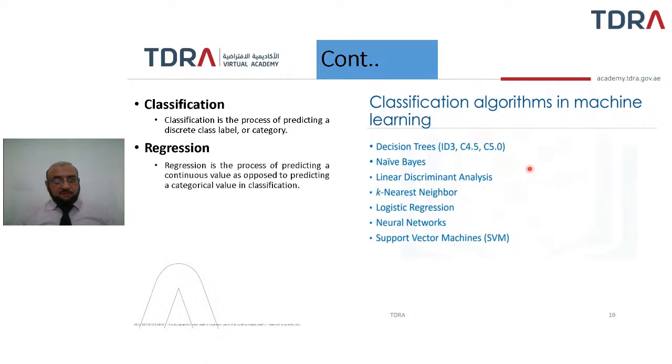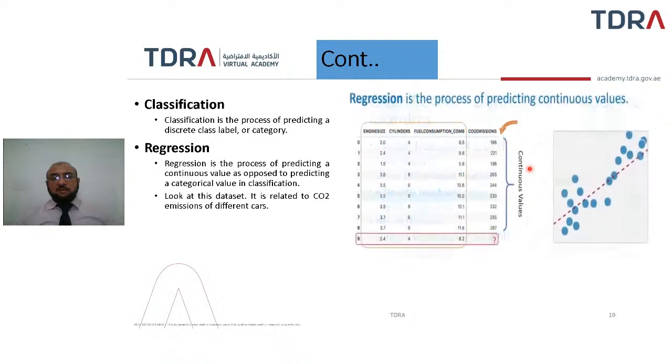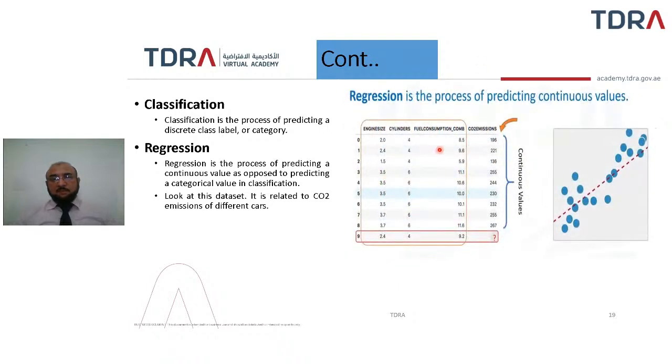Then regression is there. Regression is the process of predicting continuous values as opposed to predicting a categorical value in classification. So we will look at this model. For example, we have this data: engine size, cylinders, fuel consumption, and then CO2 emissions.